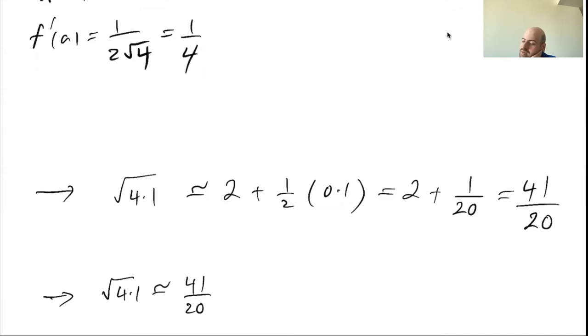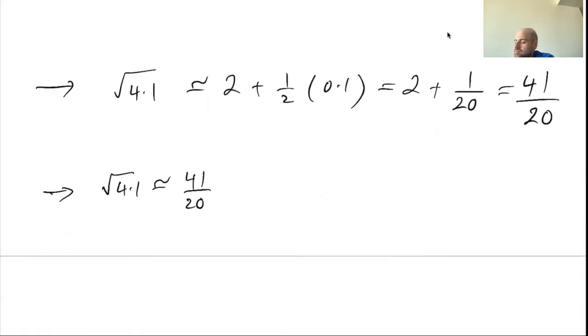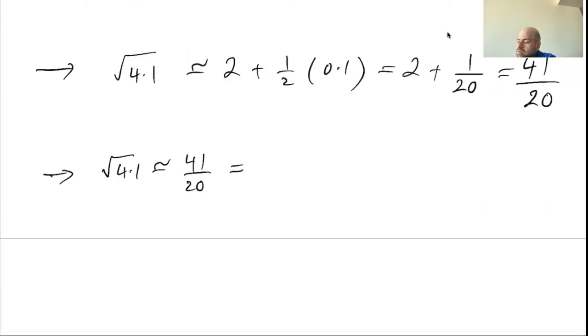And if you want to write this in decimals, the result is 2.025. So 2.025 is an approximation for root 4.1 using the local linear approximation method.